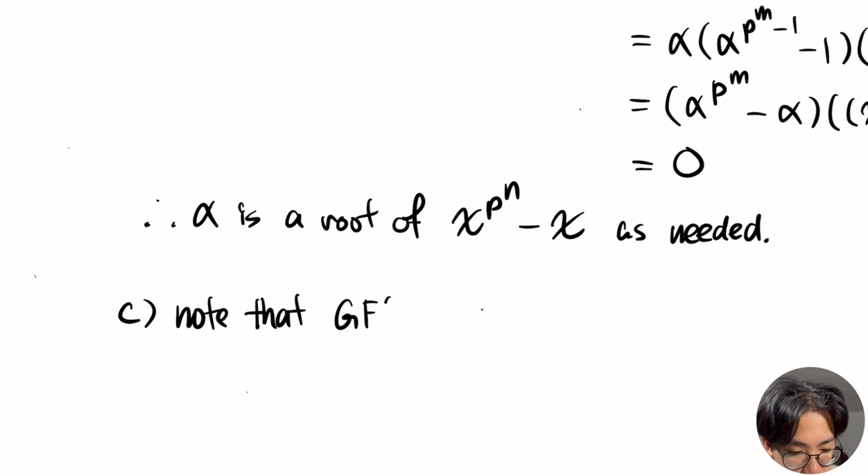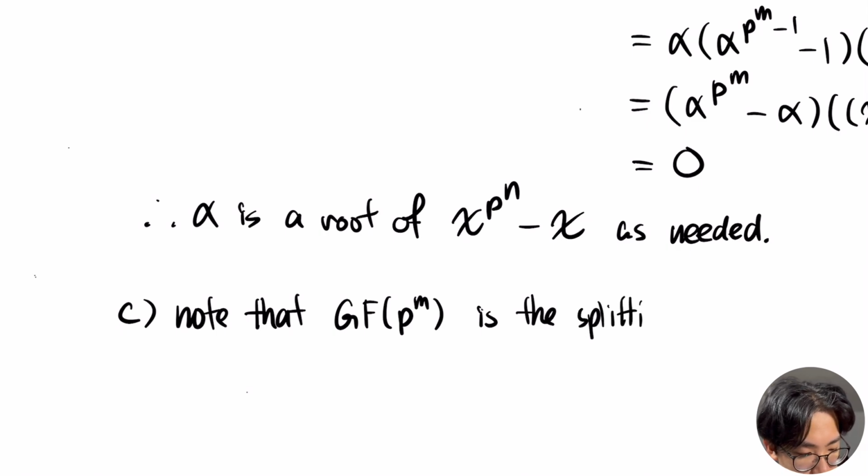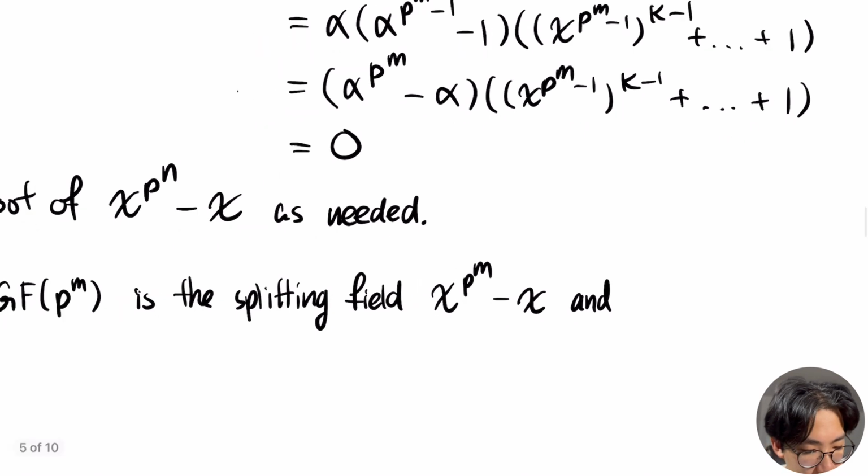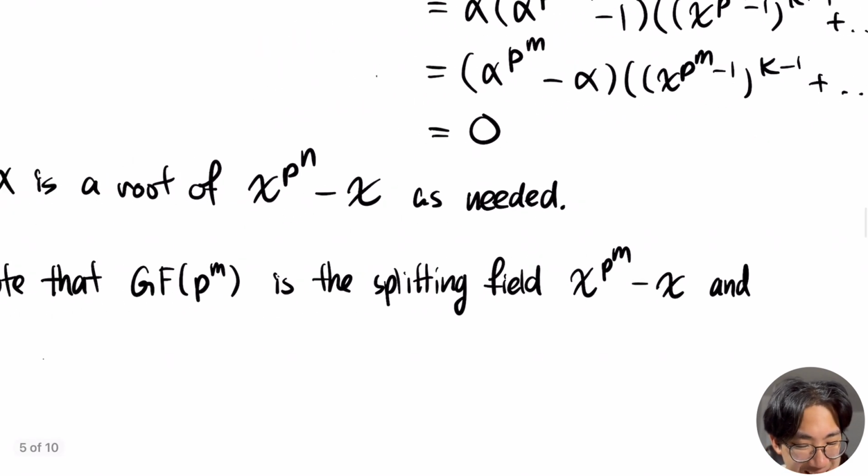So in part C, first we can note that the Galois field with p to the m elements is the splitting field of this polynomial here, x to the p to the m minus x, and we can write something similar for the Galois field of p to the n elements.